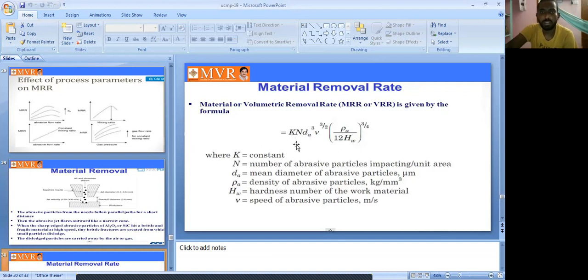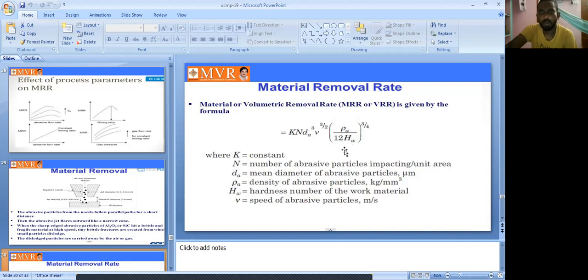So see here, it is K N D_a^3 into V^(3/2) into (rho_a / 12 H_w)^(3/4).